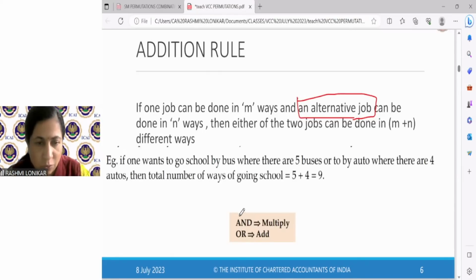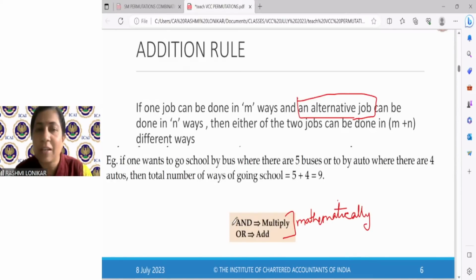So whenever you read the word and in permutation combination and even in sets, it means multiply. And whenever we say or, it means you have to add. This is the mathematical thing. Okay. Remember, this is not a grammar class.